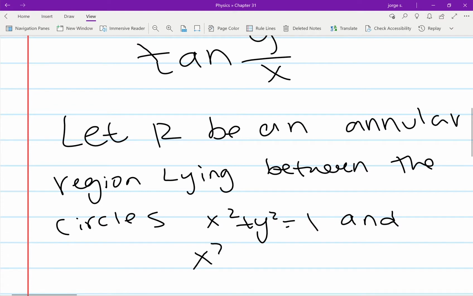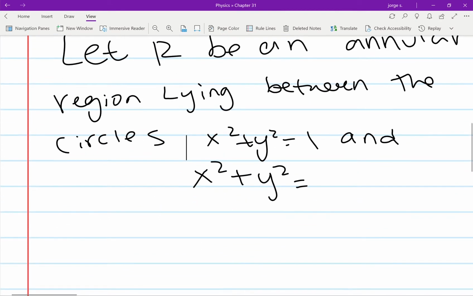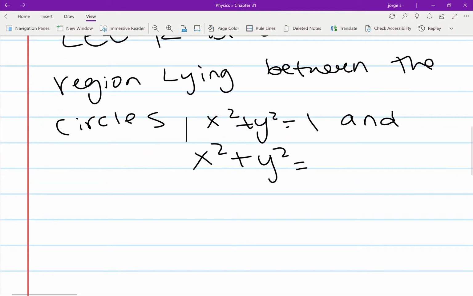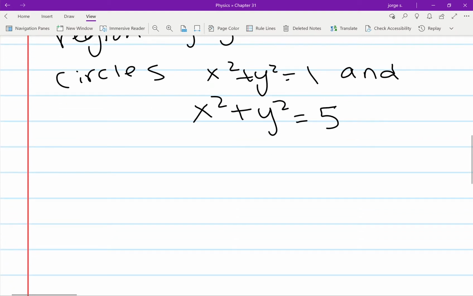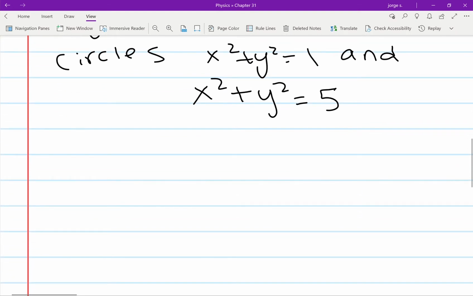So we have two circles here. We know one of them has radius of 1 and the other one has radius of rad 5. So let's draw out the picture first.